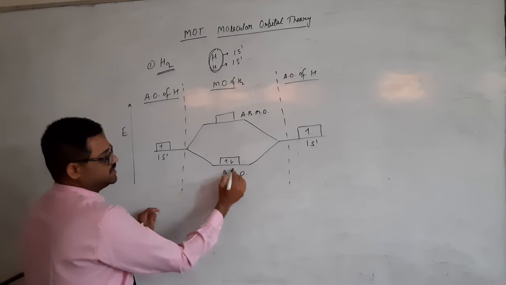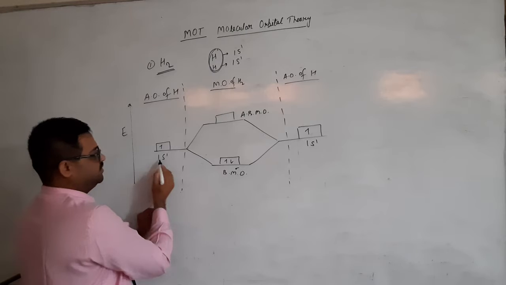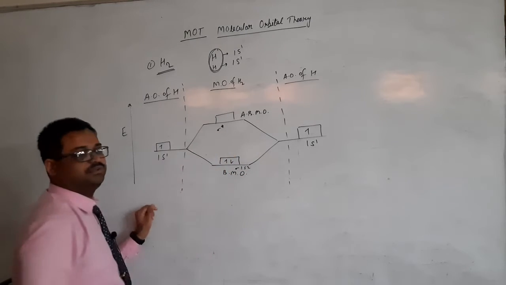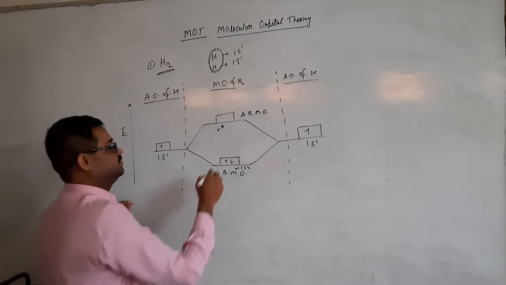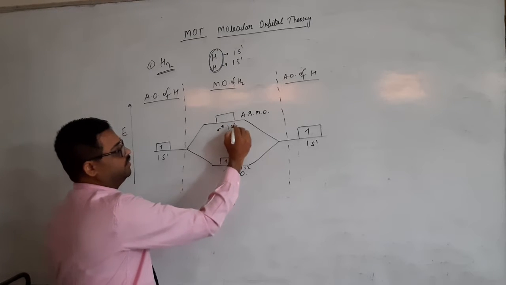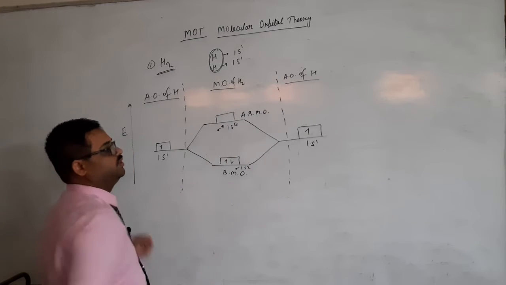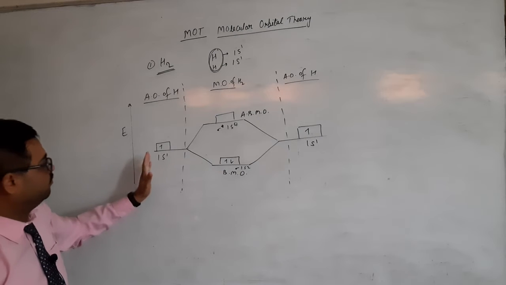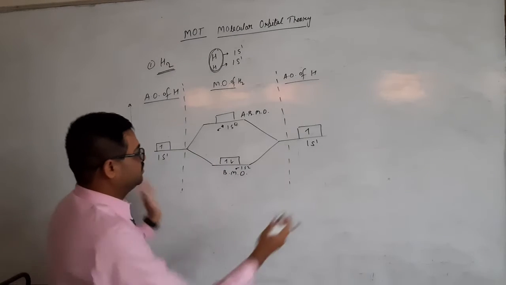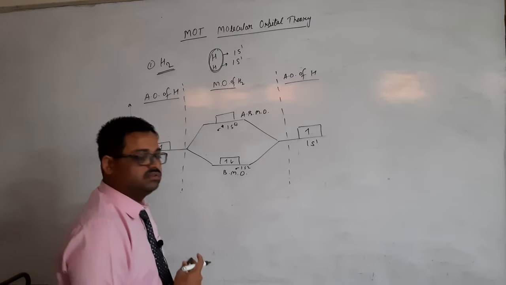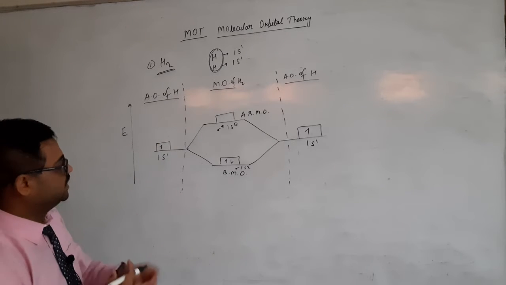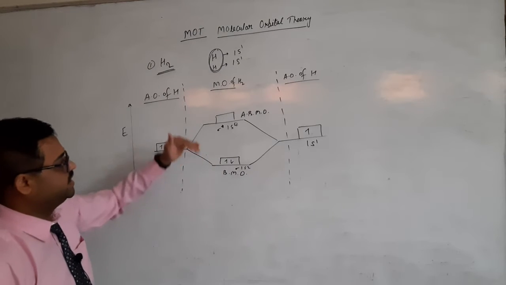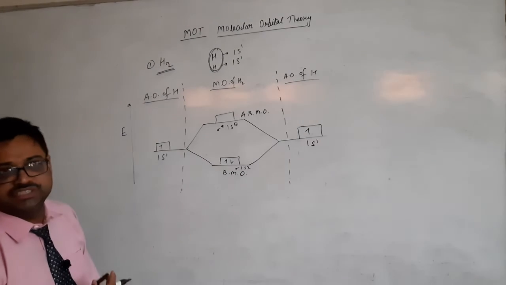We represent it by sigma: sigma 1s2, and the anti-bonding is represented by putting a star on it, sigma star 1s0, because 0 electrons are there. So by the mixing of these orbitals, the bonding molecular orbital has 2 electrons, whereas the anti-bonding orbital has 0 electrons.